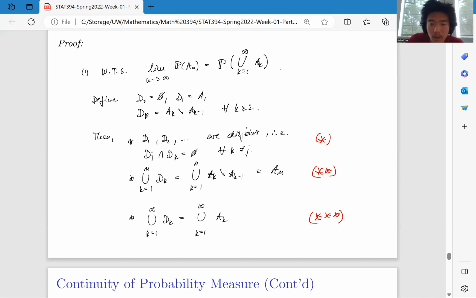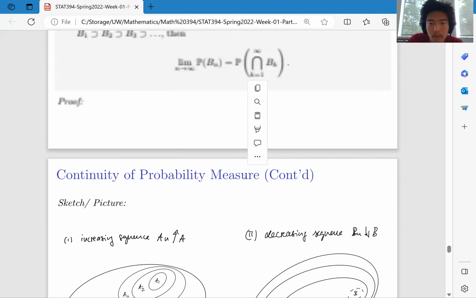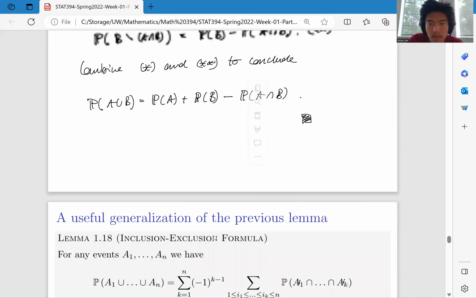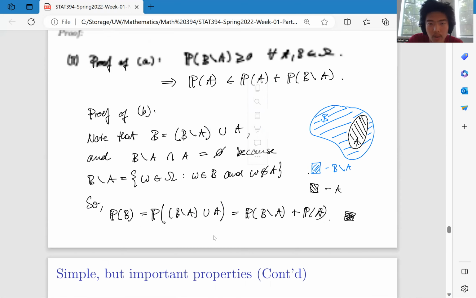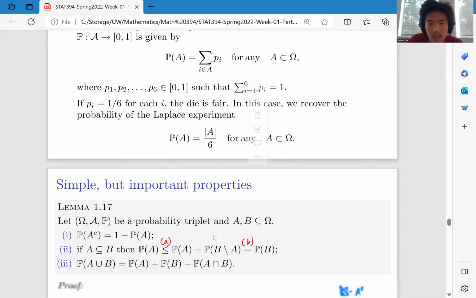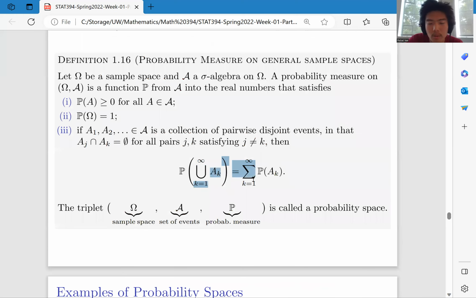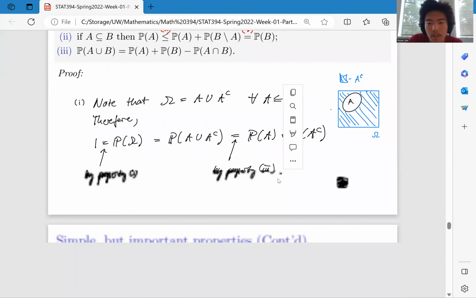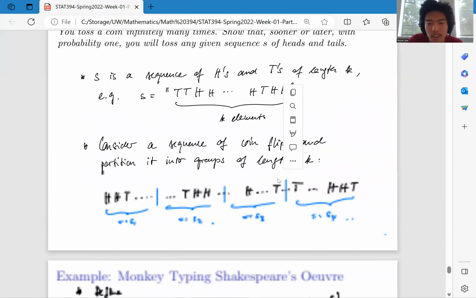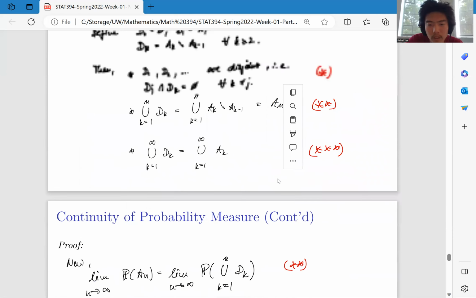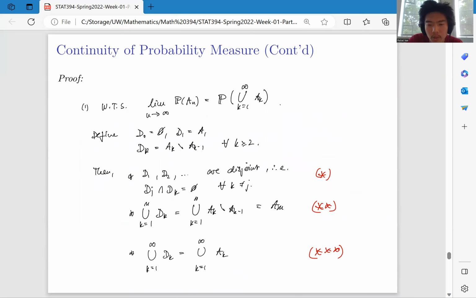Because those are pairwise disjoint, we use the property that the probability of the union is the sum, which is equal to the probability of A-infinity itself.